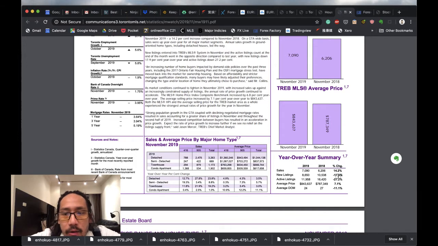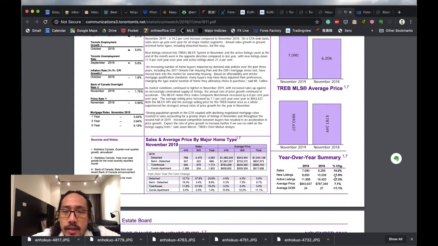The new listings, however, decreased 17.9%. Active listings also decreased 27%, but the average price went up 7.1%, and the average days on the market also went down 11%.